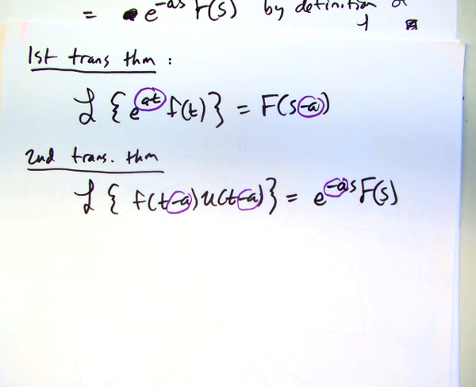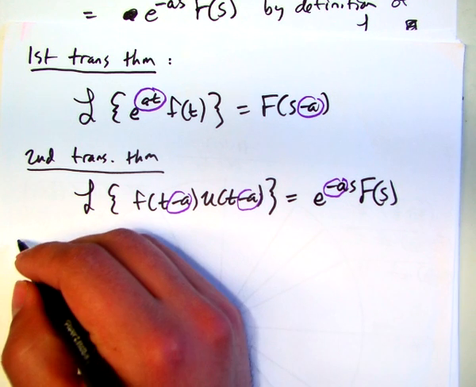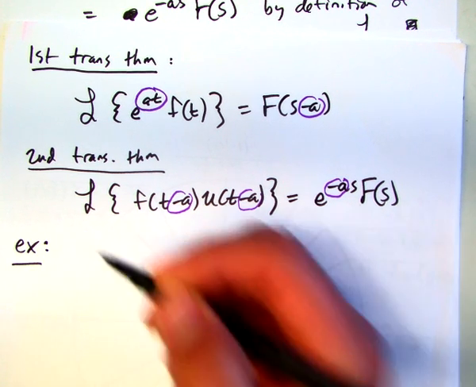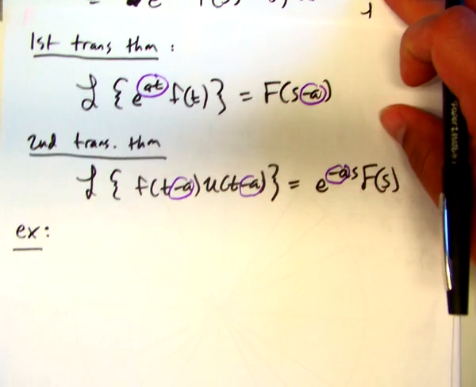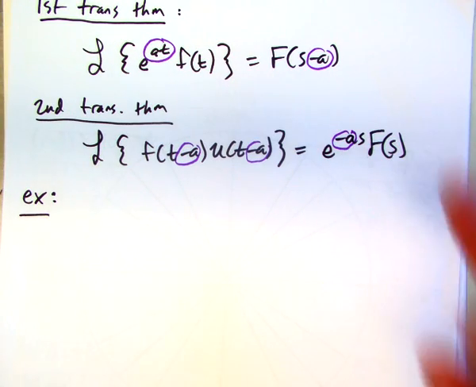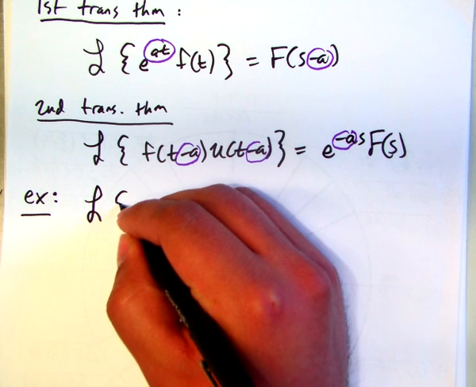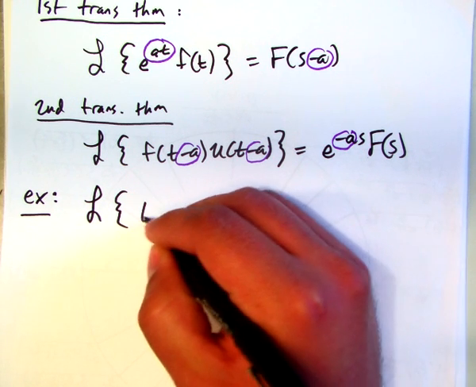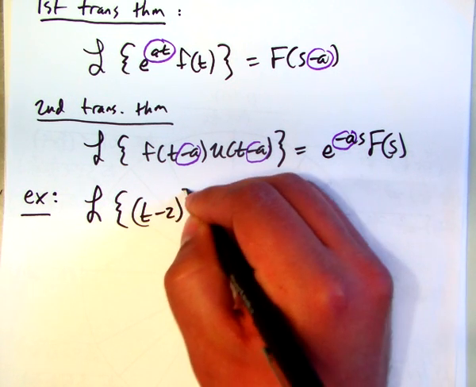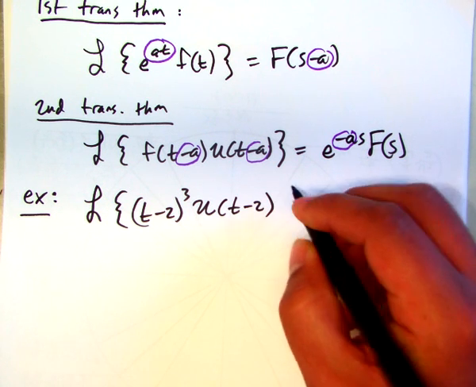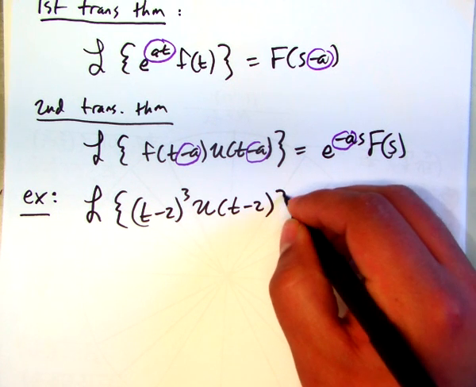All right. Let's try a few examples. Let's say we want to take the transform of t minus 2 cubed times the unit step function evaluated at t minus 2.